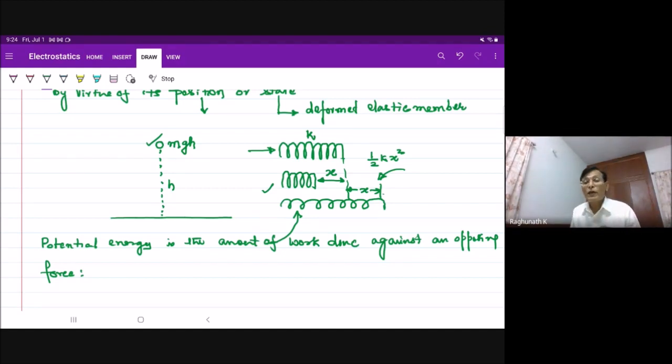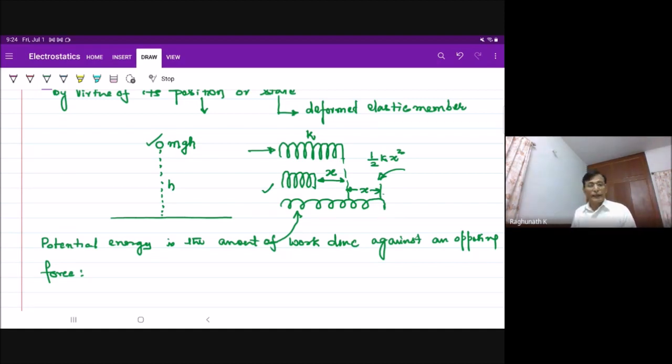How much work is done against a force is important for me. How much force we applied is not important. It is the amount of work done against an opposing force.